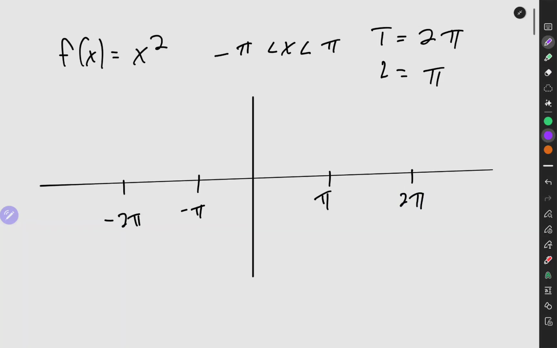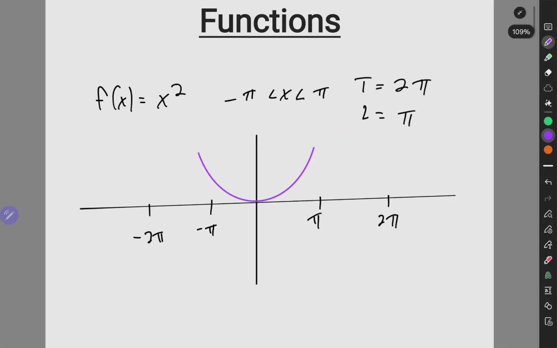So if I'm going to graph this over 2 periods, 1 period would be here. X squared looks like this, right? So I come down, kind of like this. Oh, it looks awful. Kind of looks like that. It's not exactly symmetric.